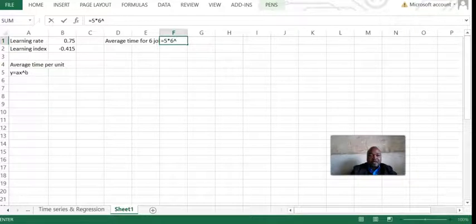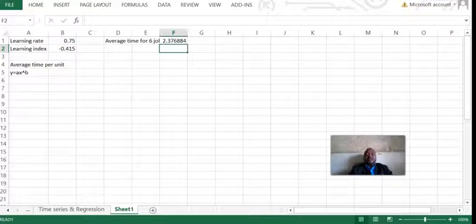Our b is determined there, so obviously that's the average time per unit that is going to be taken when we are producing 6 units.